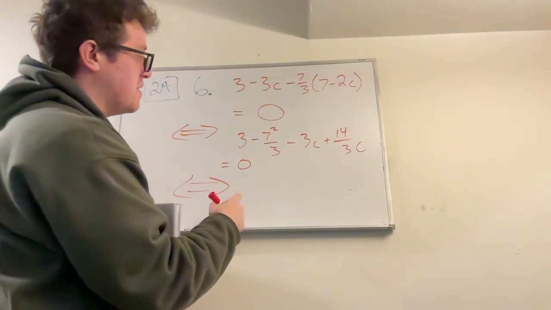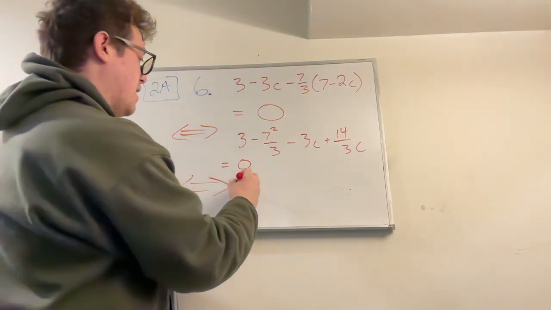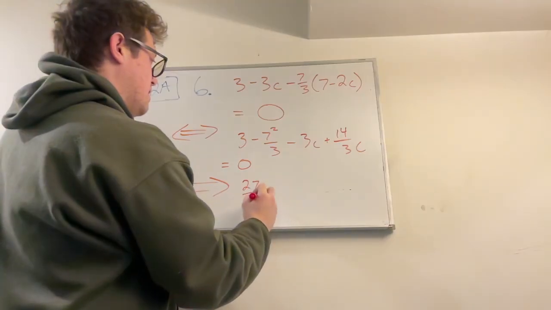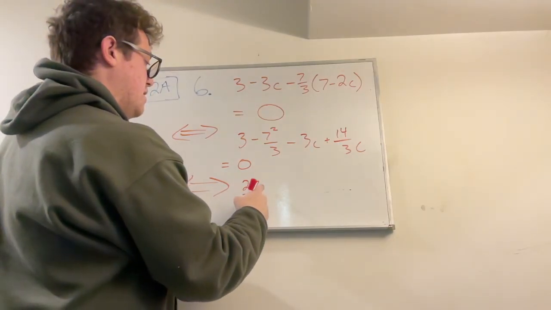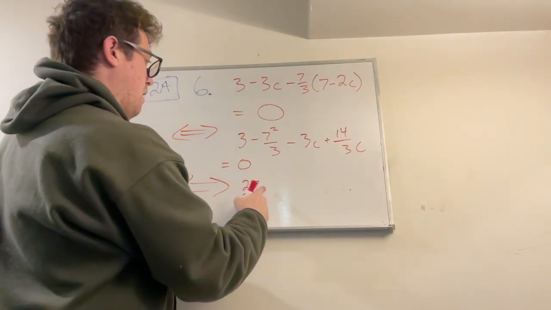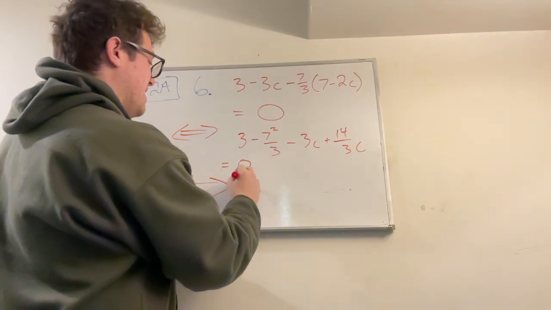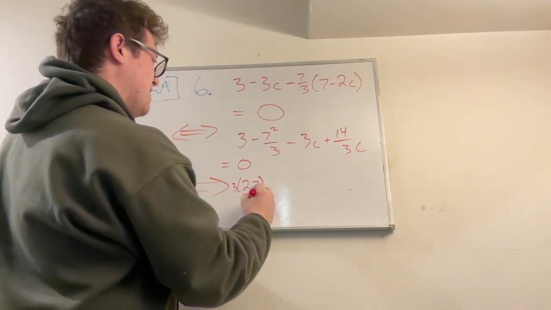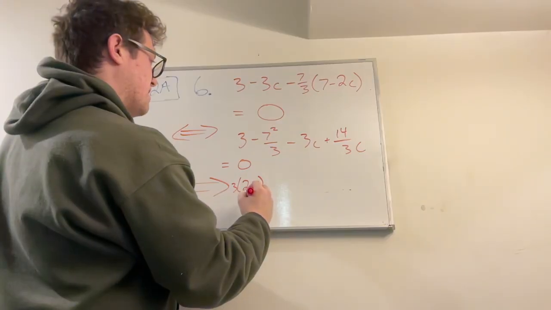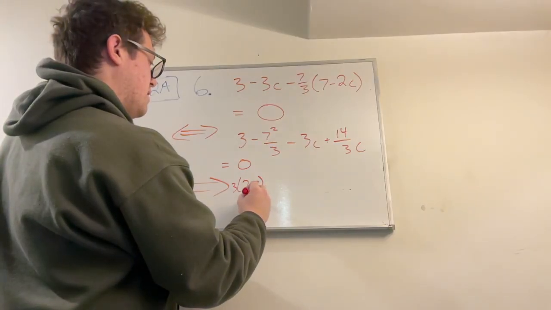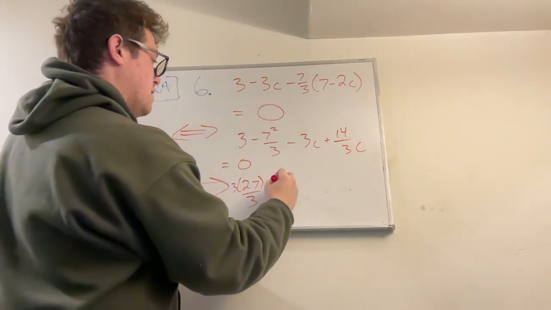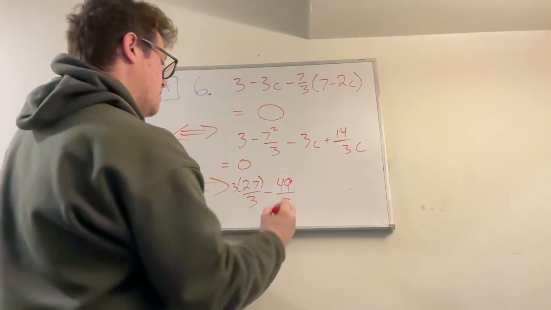Is that 27 thirds minus 49 thirds? No, sorry. Ugh. 27 times 3. 27 times 3 thirds minus 49 thirds.